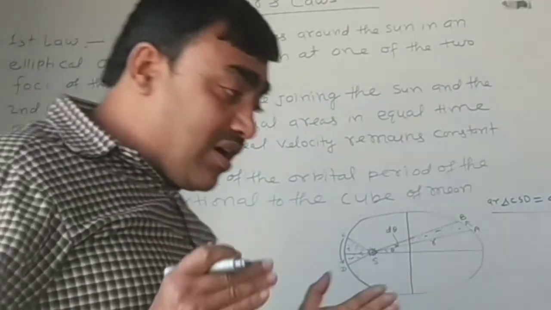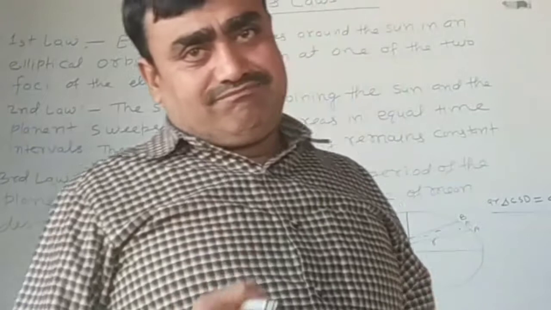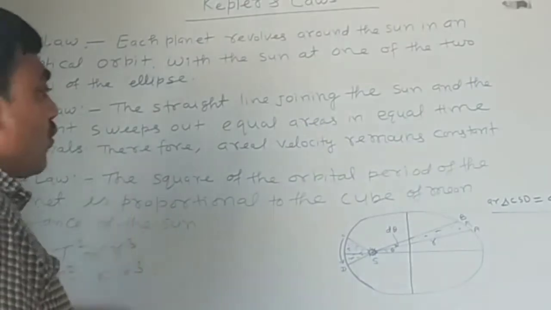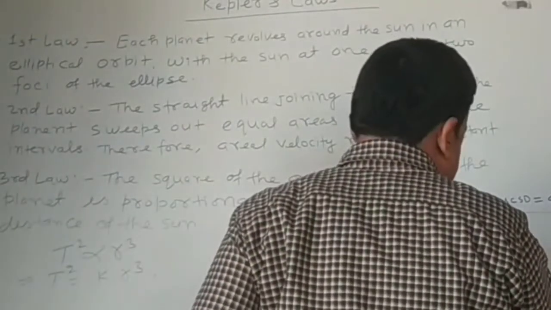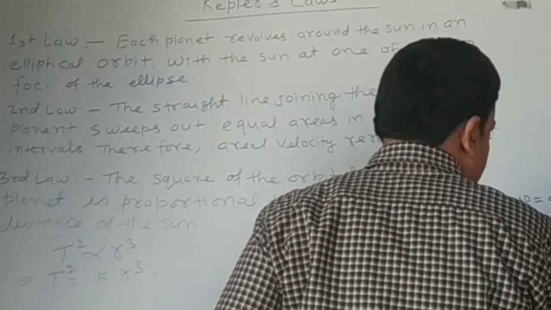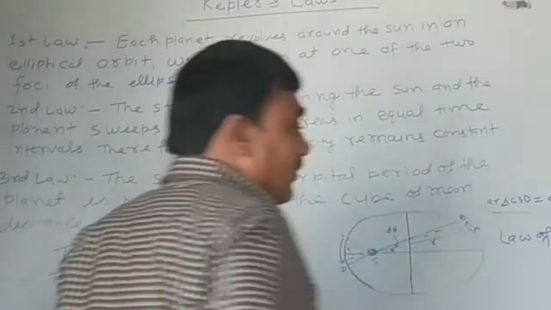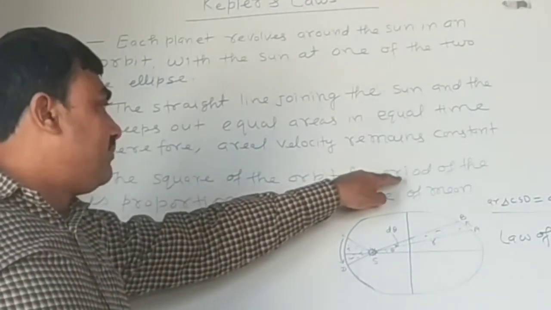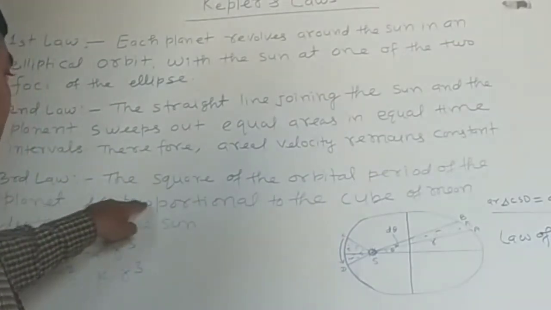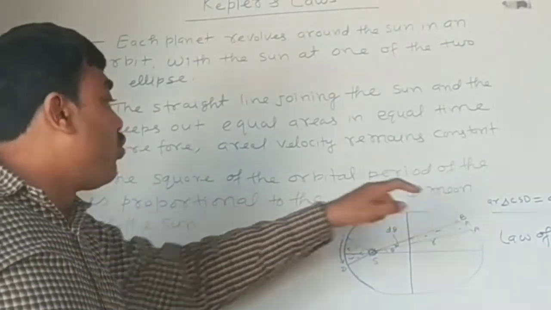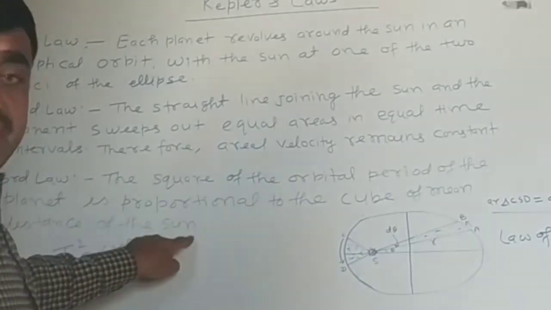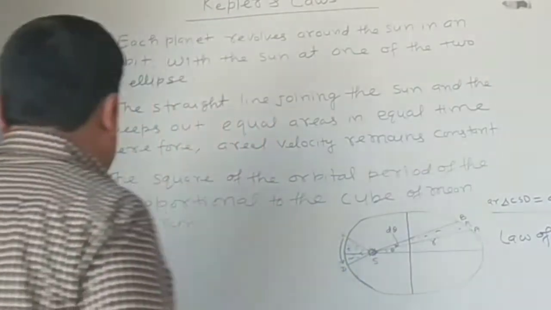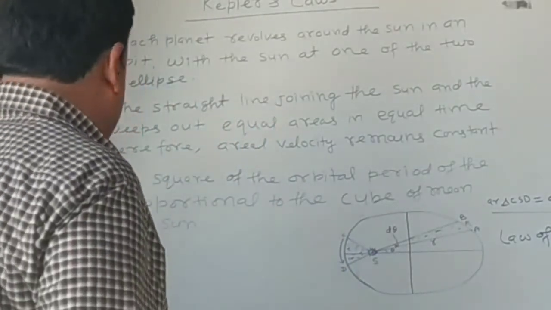According to the third law of Kepler, okay, the third law is also known as law of period. Okay, that implies the square of the orbital period of the planet is proportional to the cube of the mean distance from the sun.